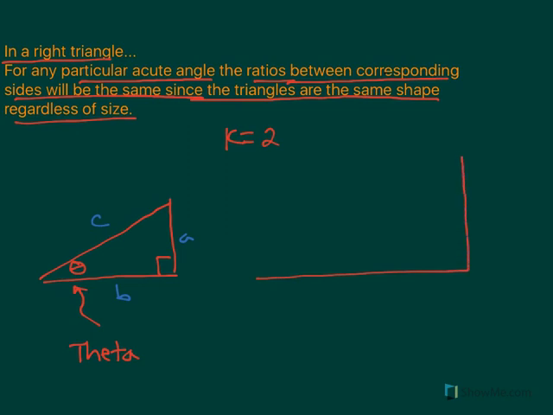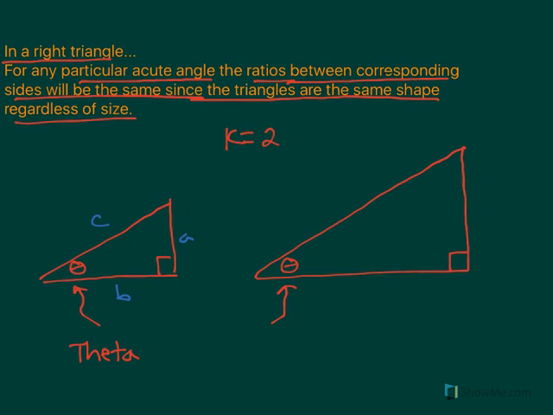So we'll call this the larger triangle, which is 2 times bigger than everything. So the angle is going to stay the same. So if theta was, for example, maybe 23 degrees, then this one is also going to be 23 degrees. If it started out as 37 degrees, then the angle in the bigger triangle is going to stay 37 degrees. It's basically the same triangle, just a larger version of itself.